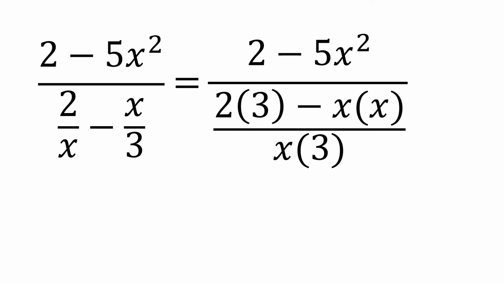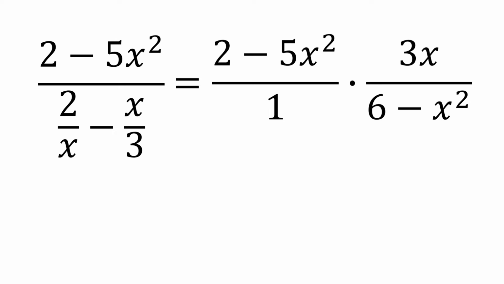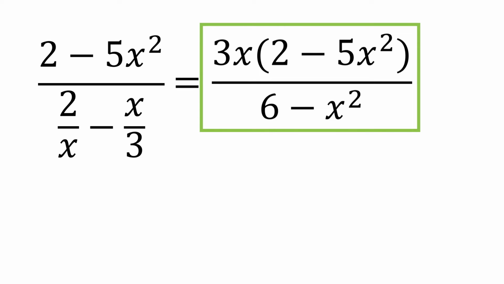Now this can be simplified to (2 minus 5x squared) over ((6 minus x squared) over 3x). By property of fractions, we can write this as (2 minus 5x squared) over 1 times 3x over (6 minus x squared), which simplifies to 3x times (2 minus 5x squared) over (6 minus x squared).